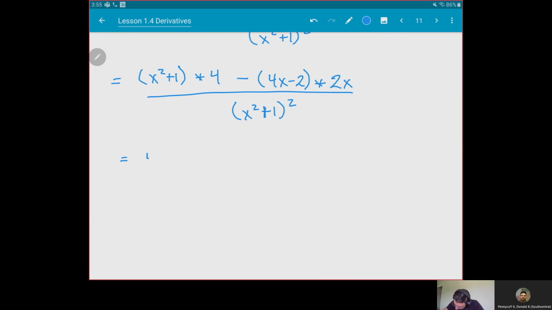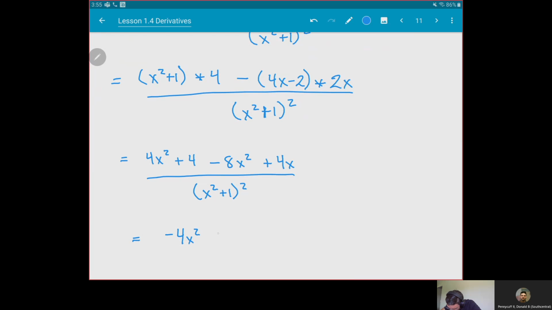So this gives me 4x squared plus 4 minus 8x squared plus 4x over x squared plus 1 squared. So this gives me negative 4x squared plus 4x plus 4 over x squared plus 1 squared.